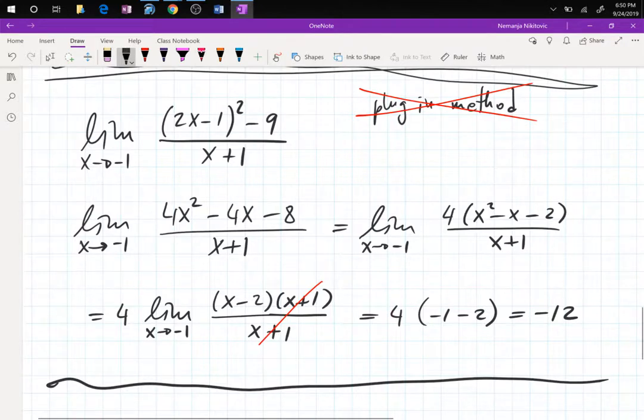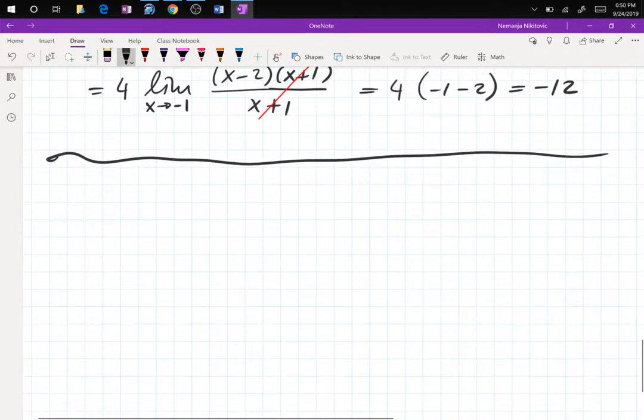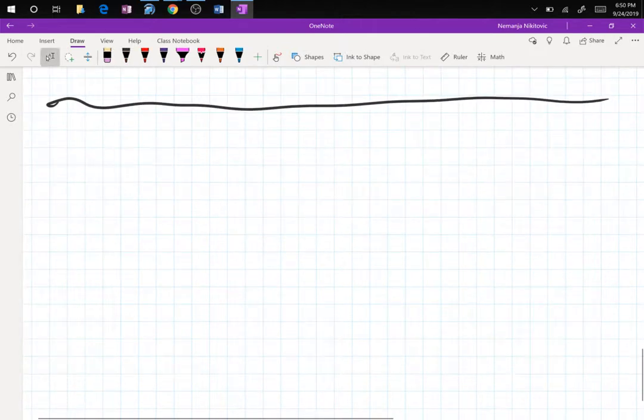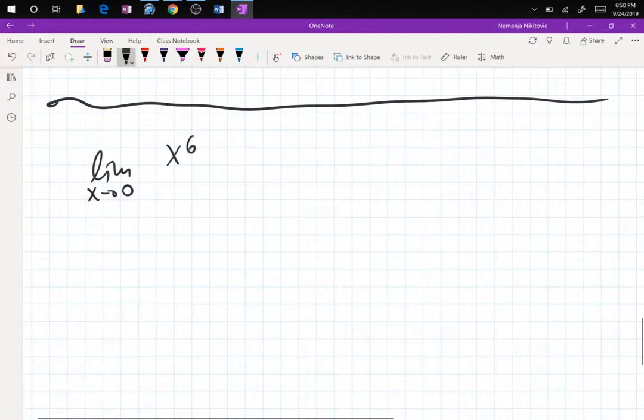Like that one on the homework, x to the 6 minus 2x to the 5 over x to the 5. Yeah, I'm going to walk all the way there. So limit x goes to 0 of x to the 6 minus 2x to the 5, divided by x to the 5.